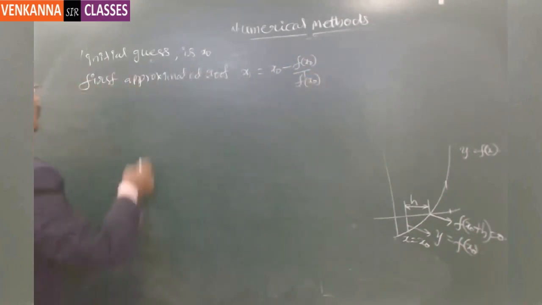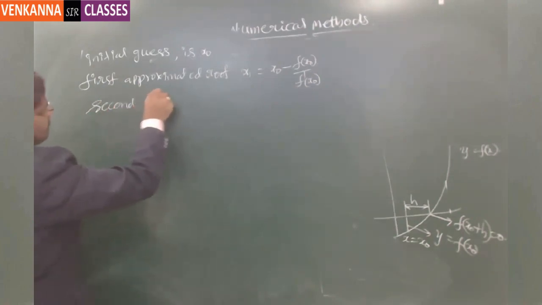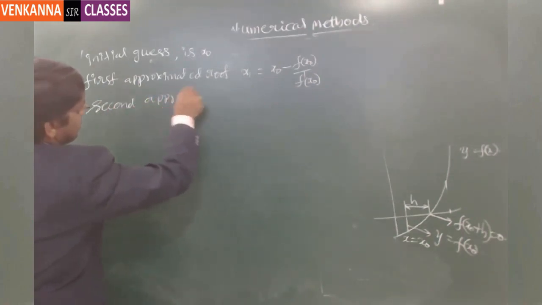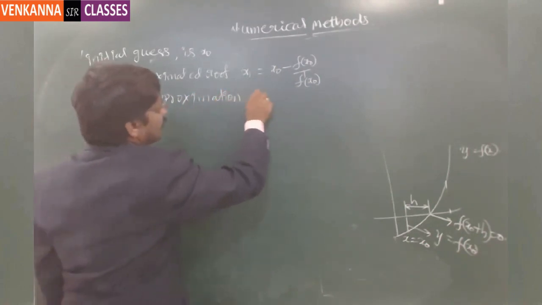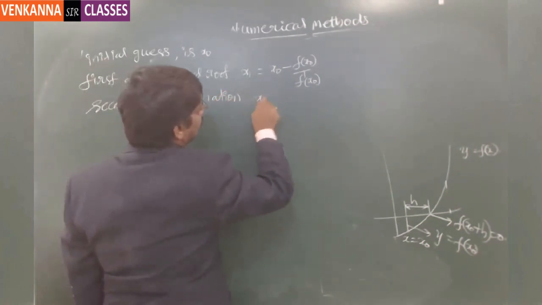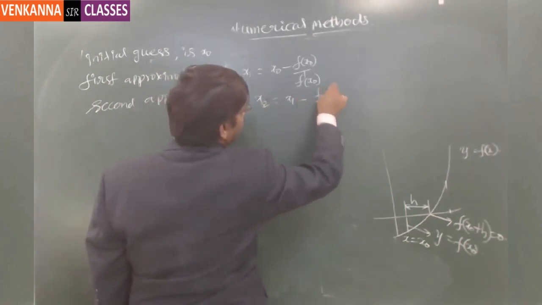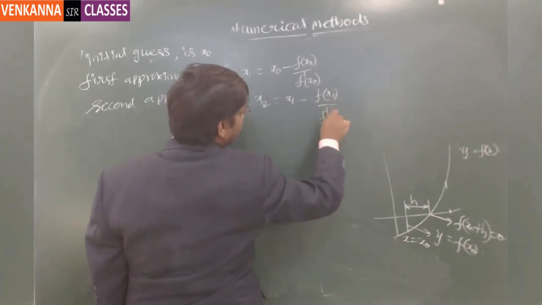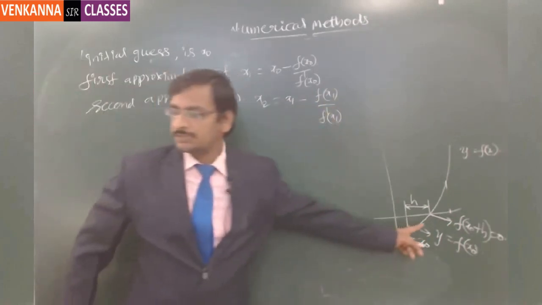And then the second approximation is x2 equal to x1 minus f of x1 divided by f dash of x1. So like this you can keep on trying to locate this particular root.